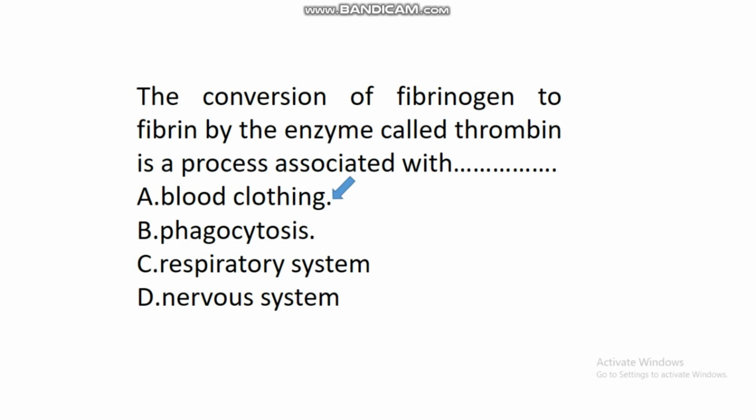The chemical process that occurs which stops the bleeding is the conversion of a compound called fibrinogen to another compound called fibrin by an enzyme known as thrombin, and this process is associated with blood clotting.